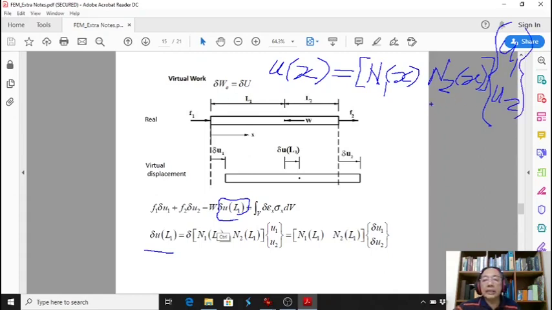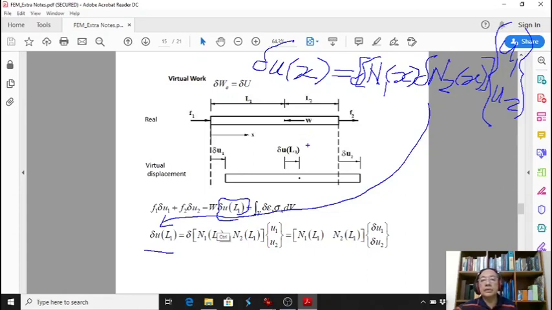So we apply it here. If we consider virtual, then this is virtual and U1, U2 are virtual too.